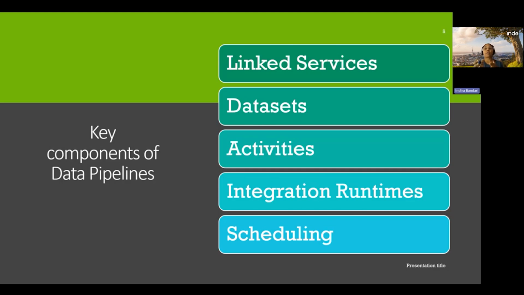The default integration runtime can be used to connect anything within Azure. But if you want to connect to a data source which is on premises, then you create something called a self-hosted integration runtime. You need that to connect to the on-premise data sources.